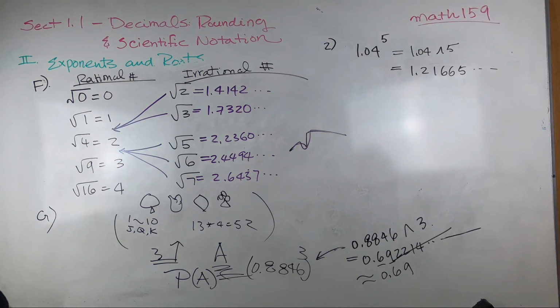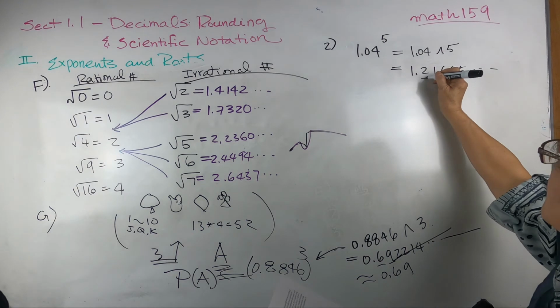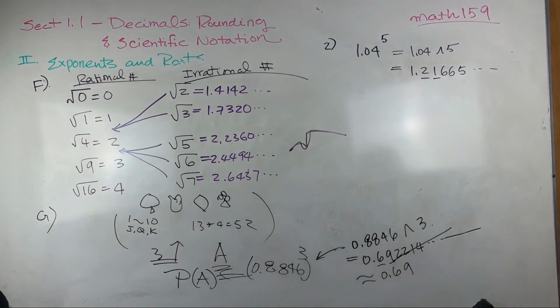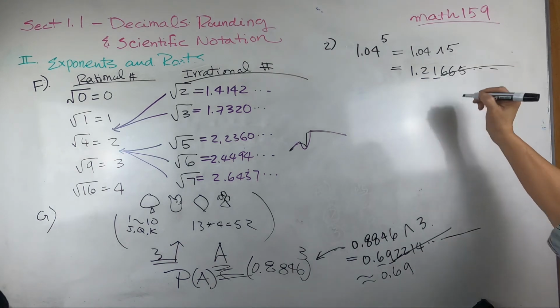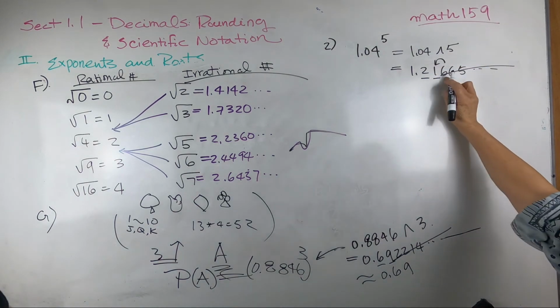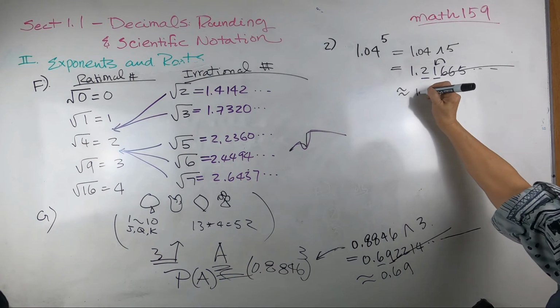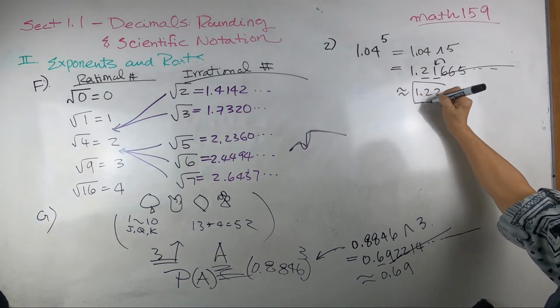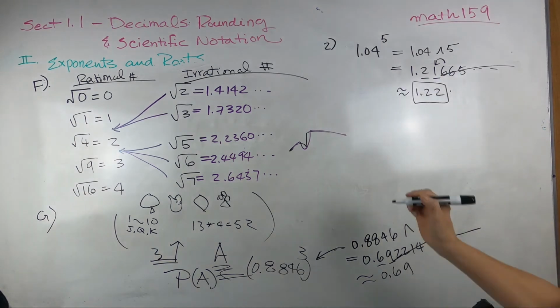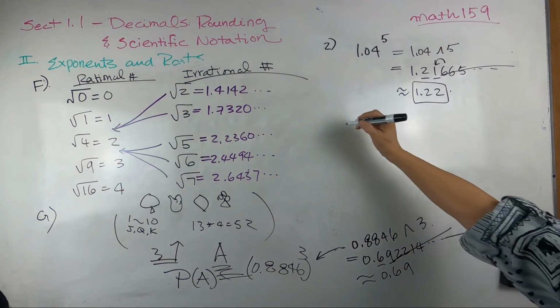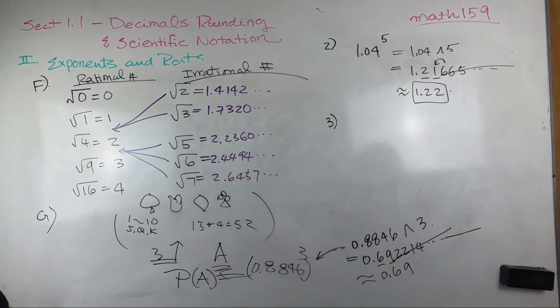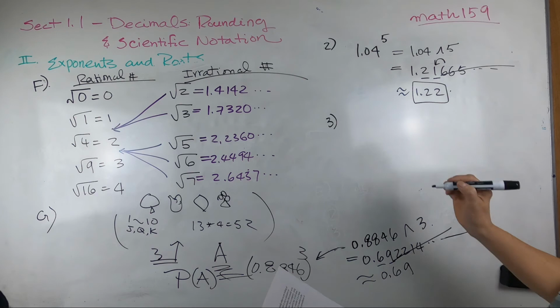Then it says, rounded to 2 decimal places. We only want 2 decimal places. So you look at it, you don't want the rest of them, then you decide it's above 5, so your answer should be what? Round up. Are we good? Pretty straightforward, right? Just practice the calculator for this part.